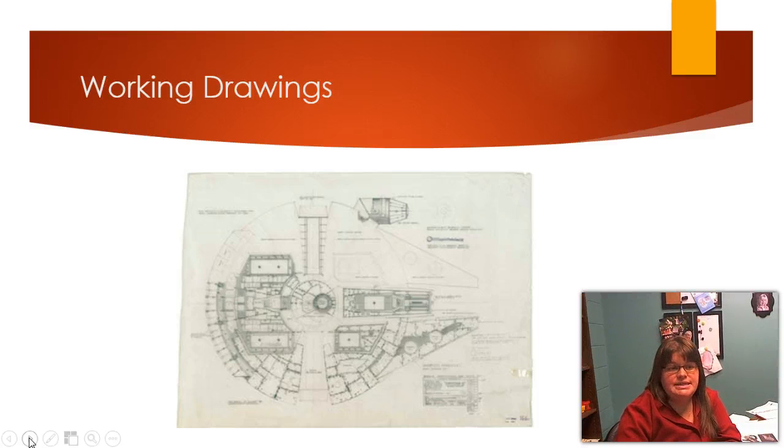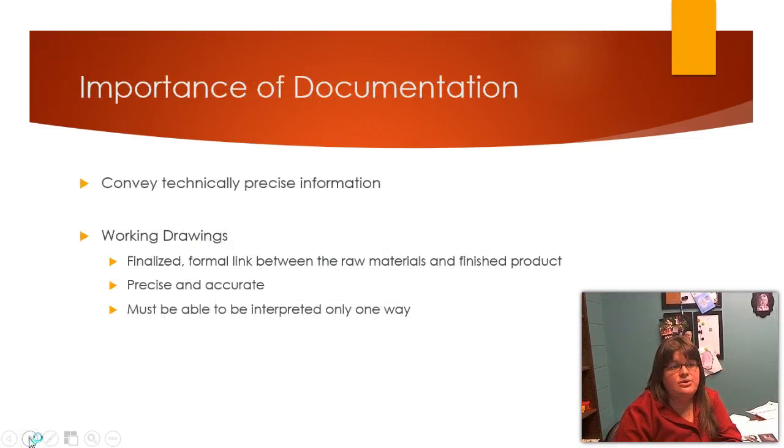So here's an example of what a working drawing might look like, but it's going to have all the information that you would need to create whatever it is you're creating. So definitely it's important to document what we do. We want to create technically precise information. We don't want somebody to assume anything when they look at our drawings.